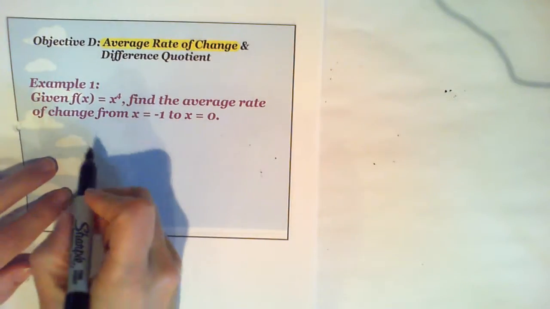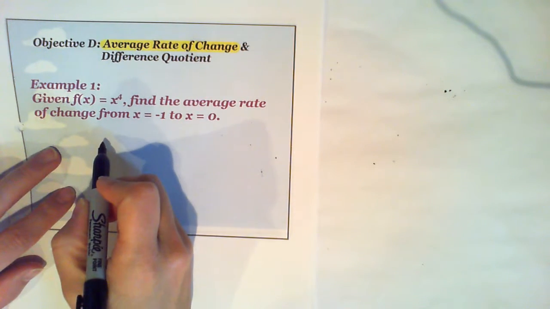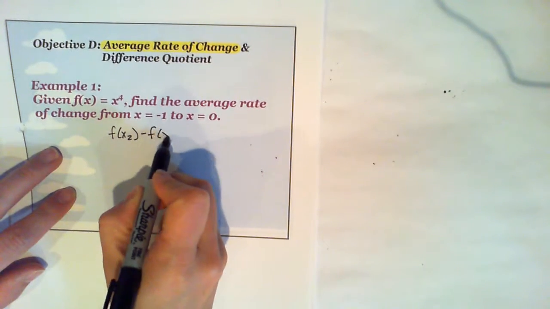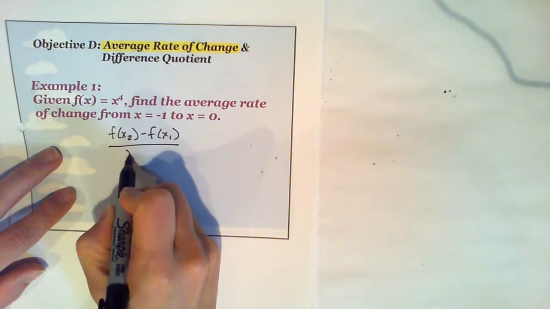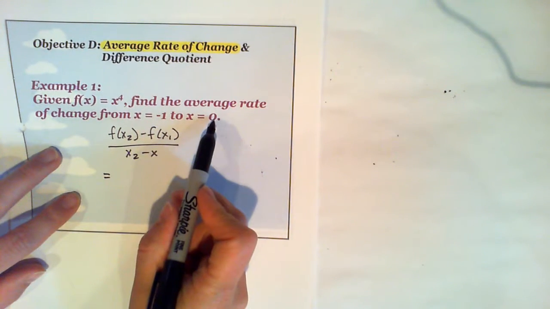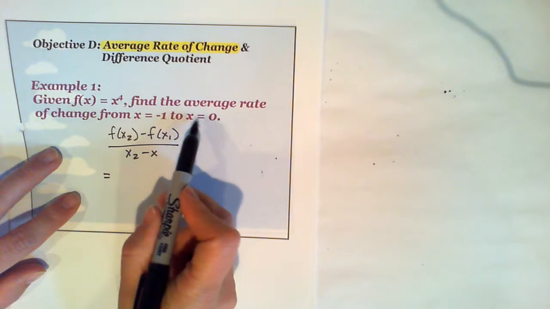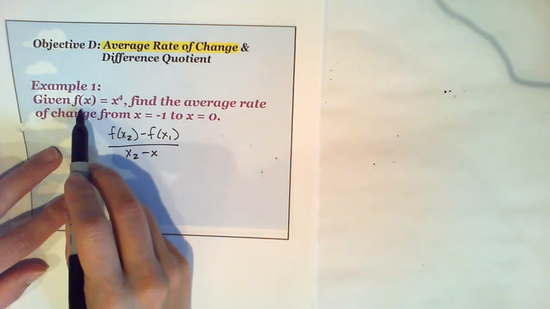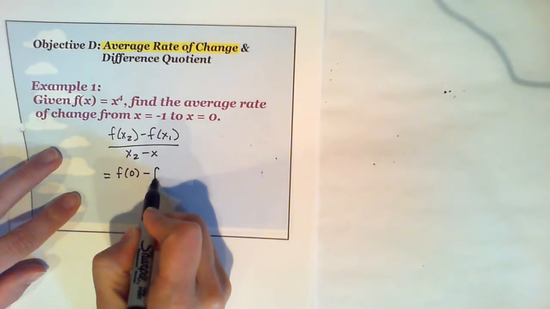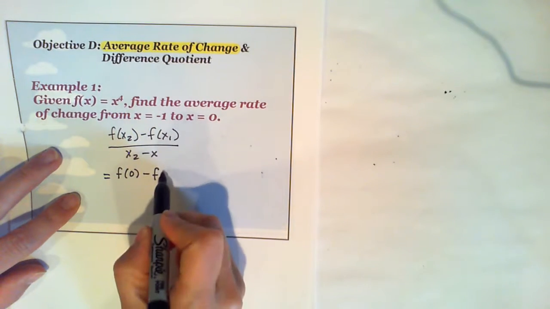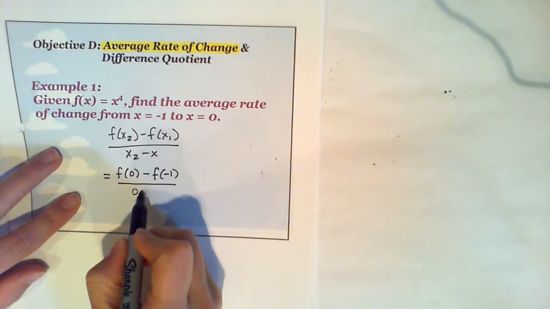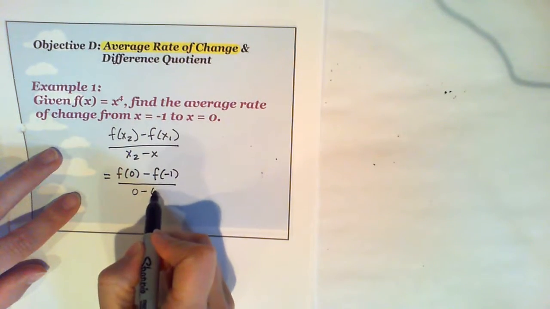So I'm going to use my formula, f of x2 minus f of x1 over x2 minus x1. In this case, x2 is 0, so when x equals 0 and I plug it into this function, f of 0 minus f of x1, and my x1 is -1, minus f of -1, all over x2, which is 0, minus x1, which is -1.